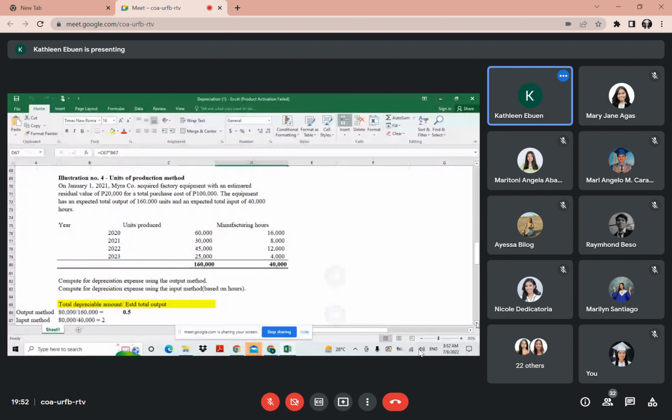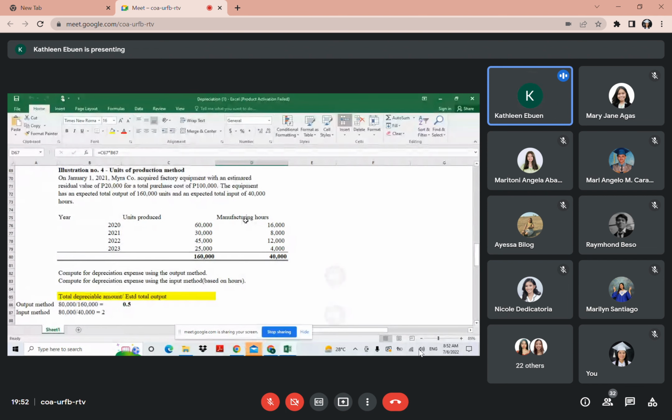Next, units of production. So, dito naman class, yung depreciable amount, i-divide natin sa output or input. Okay. So, on January 1, 2021, Myra Company acquired factory equipment with an estimated residual value of 20,000 for a total purchase cost of 100,000.